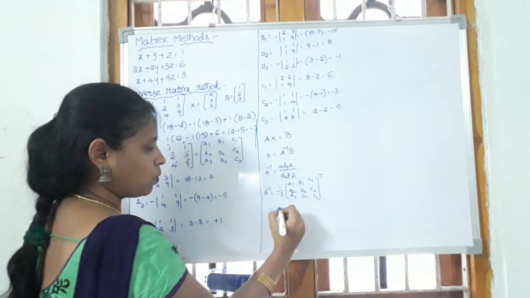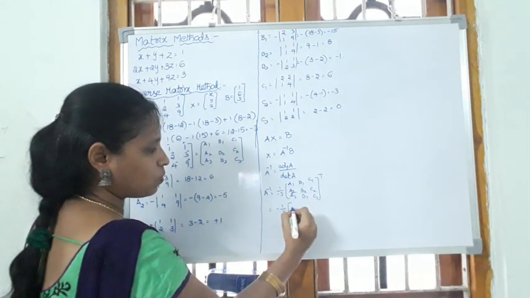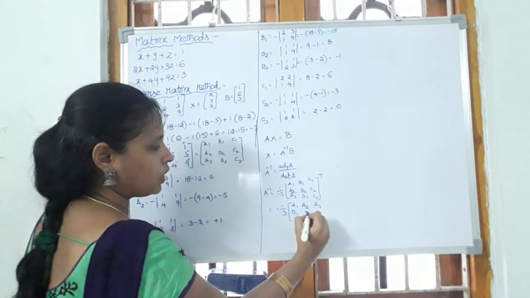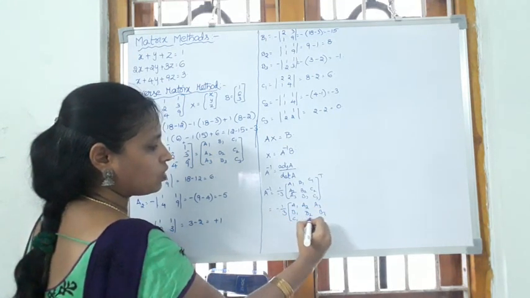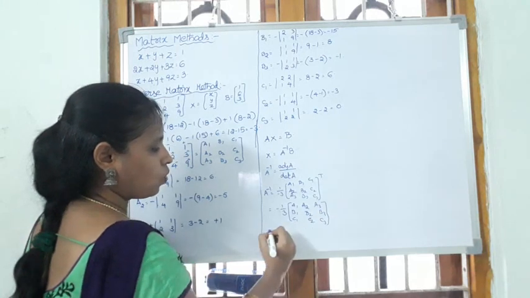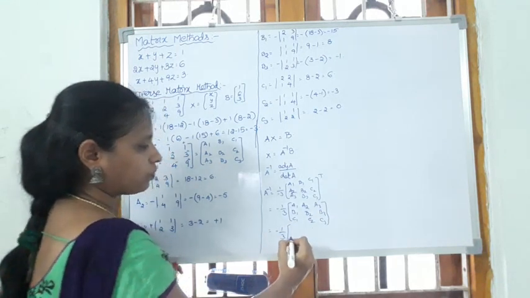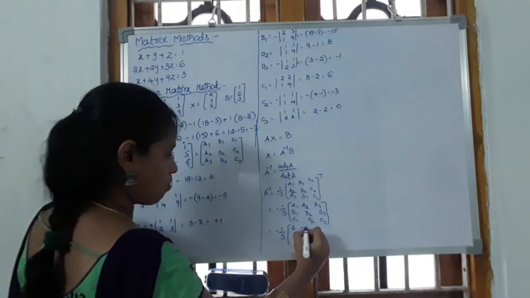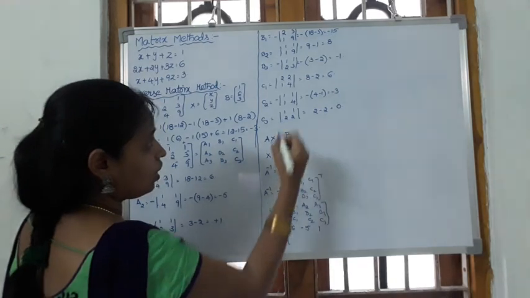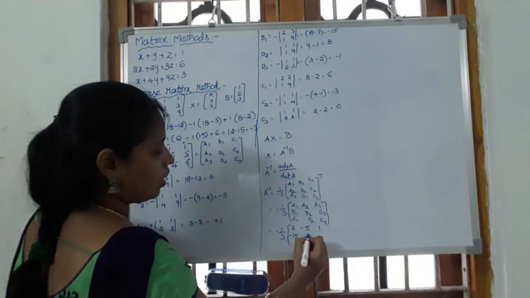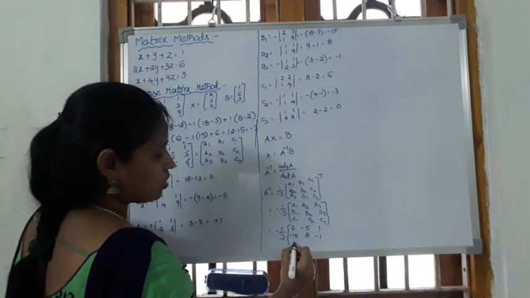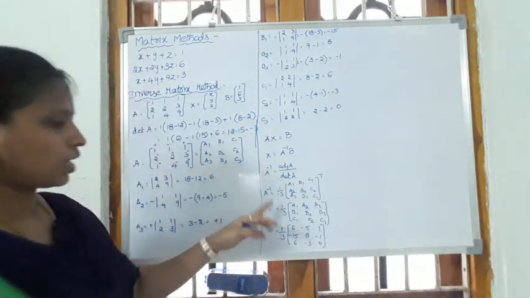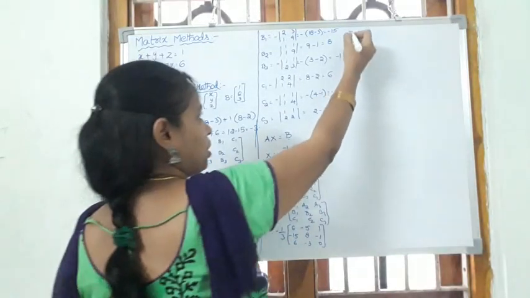That is equals to minus 1 by 3 of, the transpose is A1, A2, A3, B1, B2, B3, C1, C2, C3. Now minus 1 by 3 of, A1 is 6, A2 is minus 5, 1, and minus 15, 8, minus 1, 6, minus 3, 0. This is A inverse.